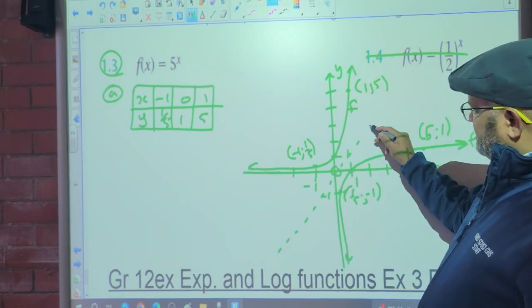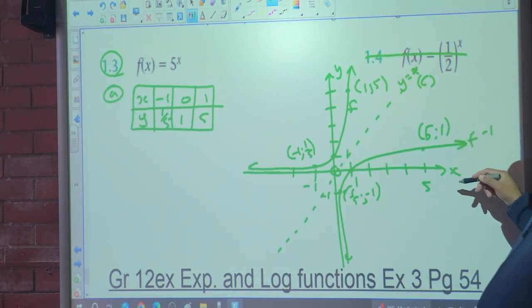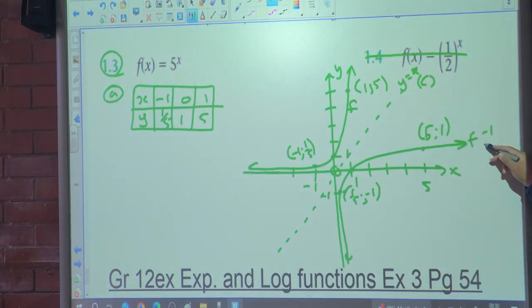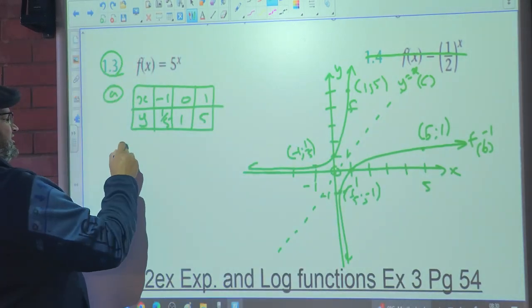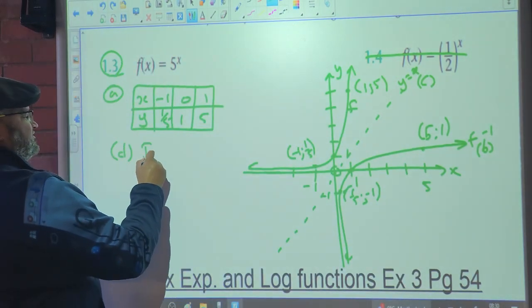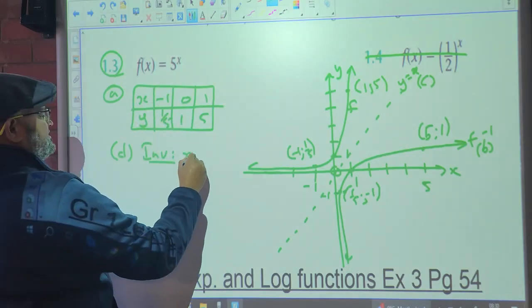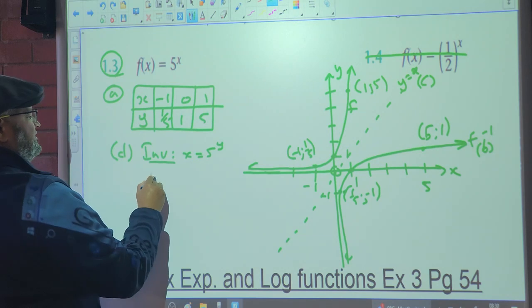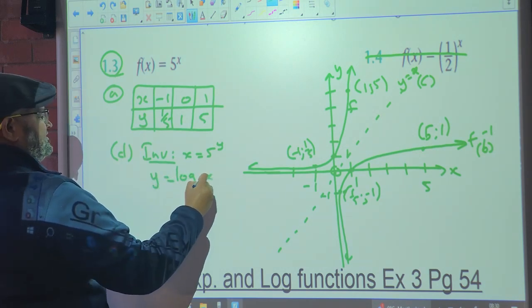And then for C, they ask you to draw in the axis of symmetry, which is x is equal to y. And this was the answer to B. D, the inverse function. What do you do for the inverse function? We change x and y. So x is equal to 5 to the y. So y is equal to log x base 5.